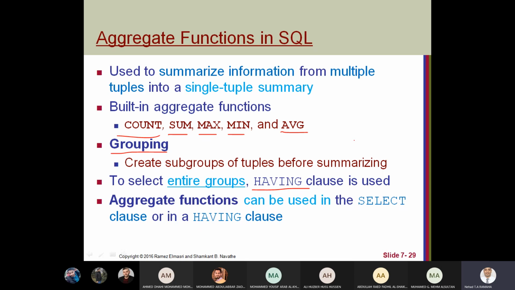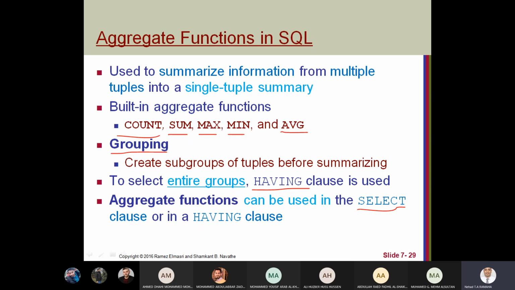So aggregate functions can be used in the select clause. We mentioned that an SQL statement has many parts. Each part we call a clause. So we have the select clause, select star, select X, select Y, then the from clause, the where clause, and so on.